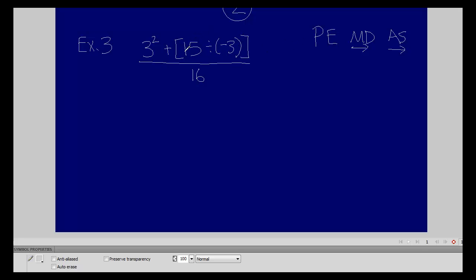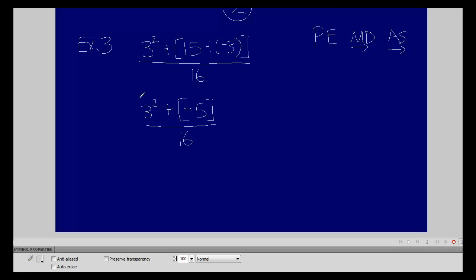So we look in here and we say, okay, there's no parentheses, there's no exponents, there's no multiplication, but there's division. And so we say, okay, 15 divided by negative 3 is negative 5. We're going to keep that in those brackets, drop everything else down. And then we're going to go back to the numerator, and we're going to say, okay, we don't have any parentheses anymore.